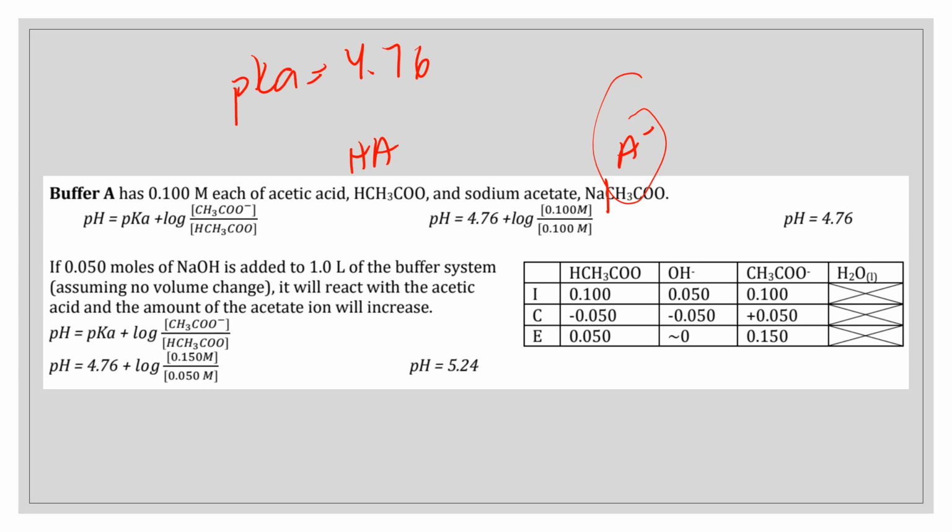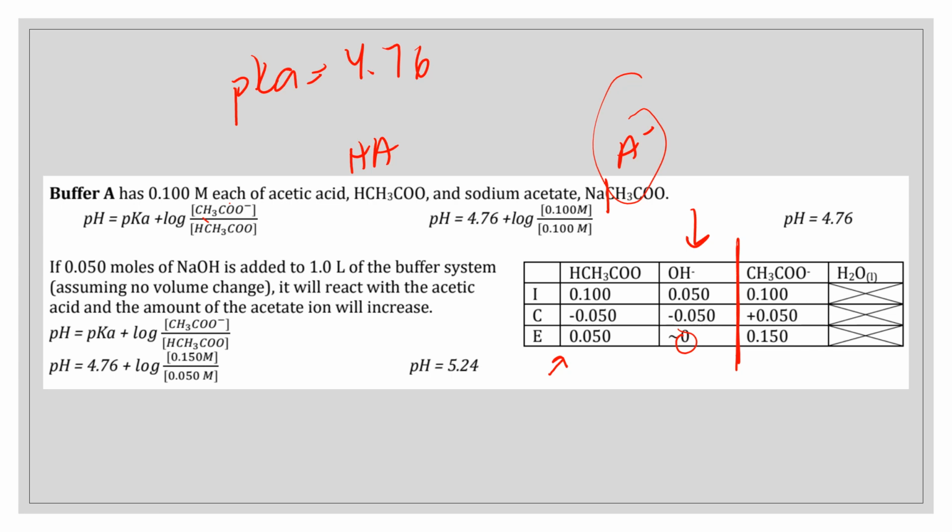So by adding some hydroxide ion, 0.050 moles of that, my OH is going to drop to 0. Remember, the reaction has the reactant side and then the product side on the other side. So that means that the acetic acid and the sodium acetate are going to change by 0.050, and that means my concentration for the acetic acid is 0.050 molar. My conjugate base, when it adds, is going to be 0.150.